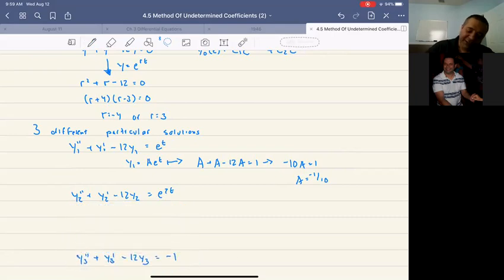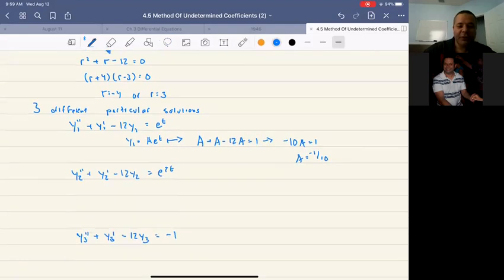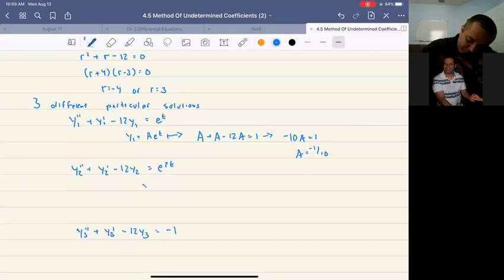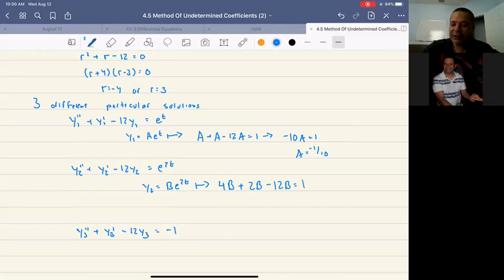This one's going to be slightly more difficult. y2 is b e to the 2t. So from the y prime, you're going to have 2b. From y double prime, you're going to have 4b. So you're going to have 4b plus 2b minus 12b equals 1 again. You can work through that, but you'll see that I'm right.